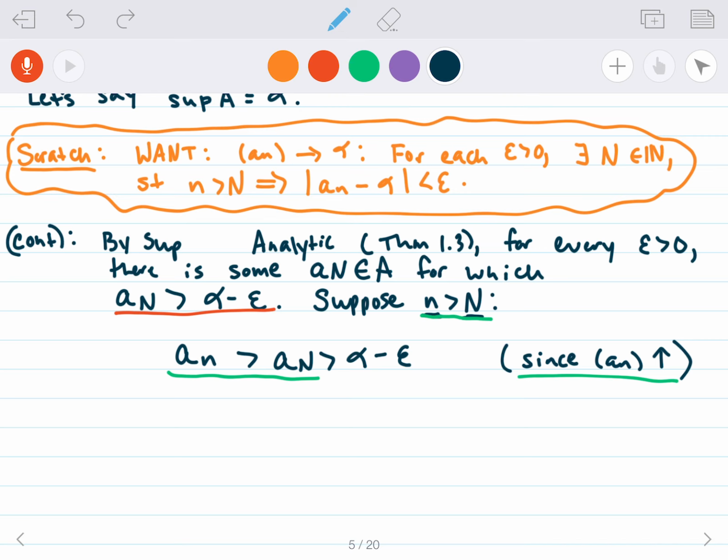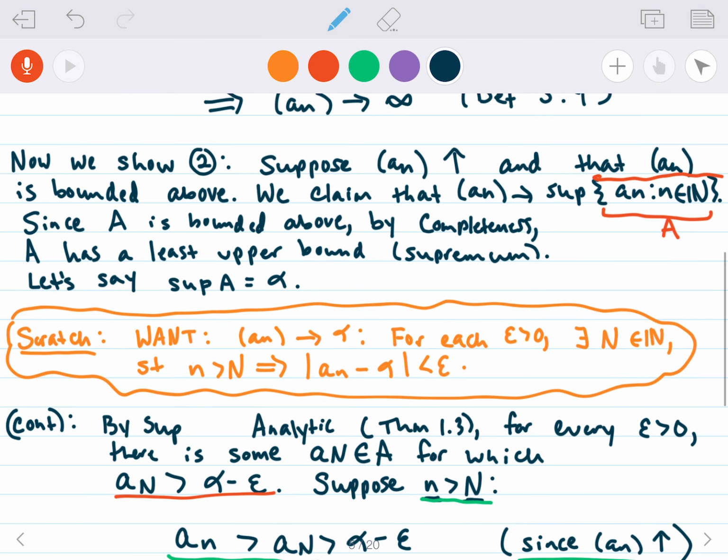So what do we have? We know from the inequality above that a sub little n is certainly bigger than alpha minus epsilon. We also know that alpha was the supremum of the set. And what does it mean to be the supremum?